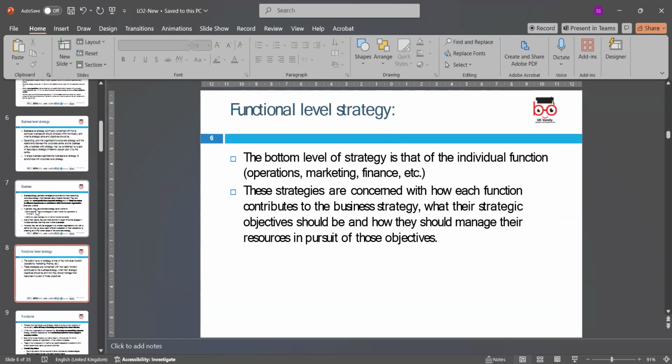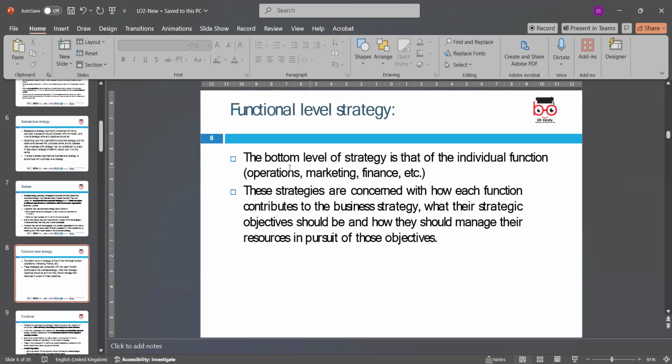After the business unit level, each business unit is going to have different departments, and each department is going to have its own strategy for its own department. I will show the link, how it works at the end.